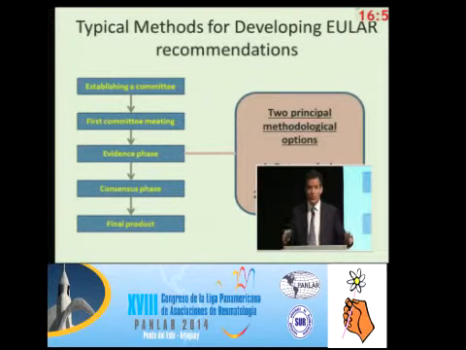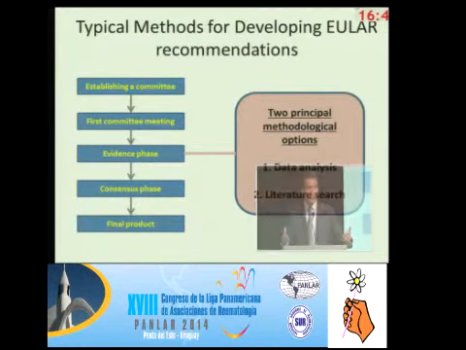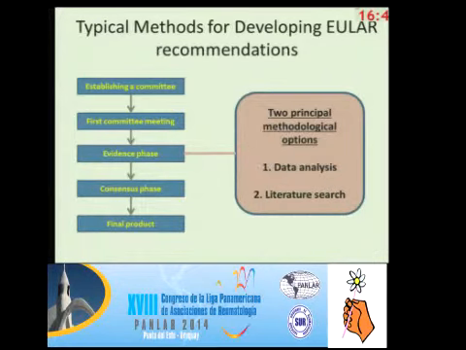Now, there are two essential methods that can obtain evidence, and that's analysis of original data. If you have the data and you can actually address questions that are relevant to develop recommendations, then you can do the data analysis during the project, so to say, do some original research to provide the evidence. That rarely happens.